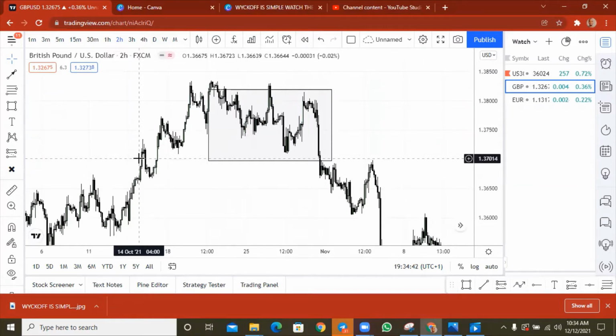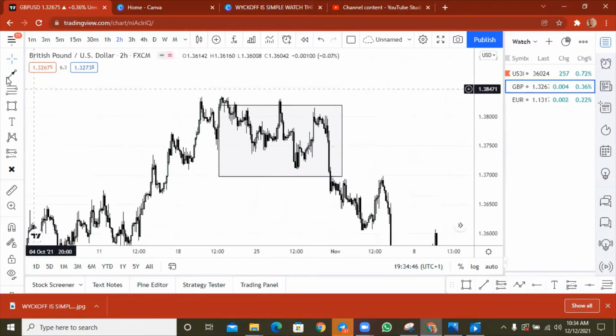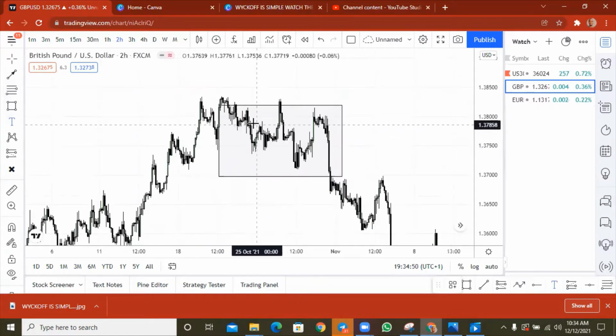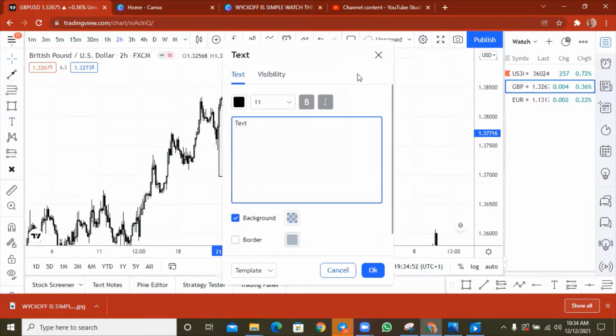So it's for us to start identifying the points in the markets where things have occurred. So right here, we can identify our buying climax at this point.